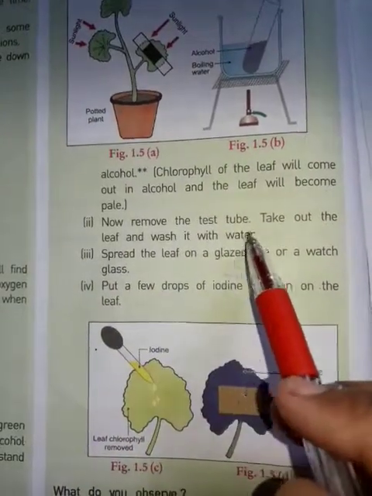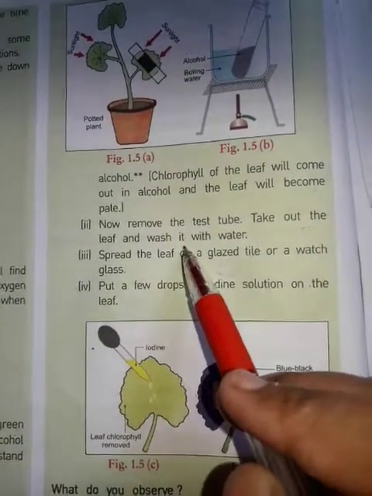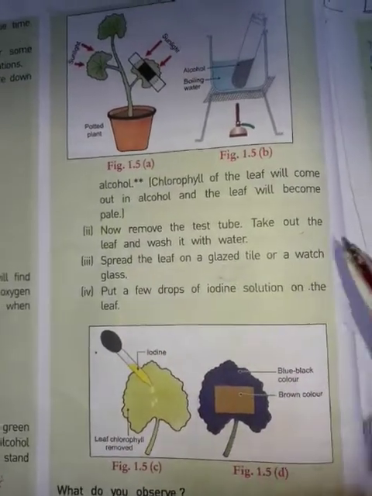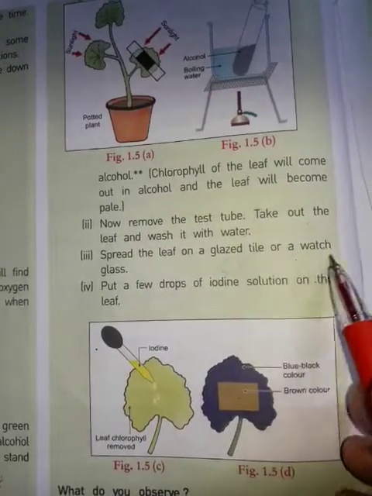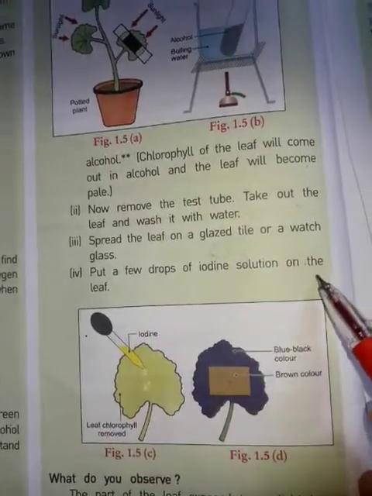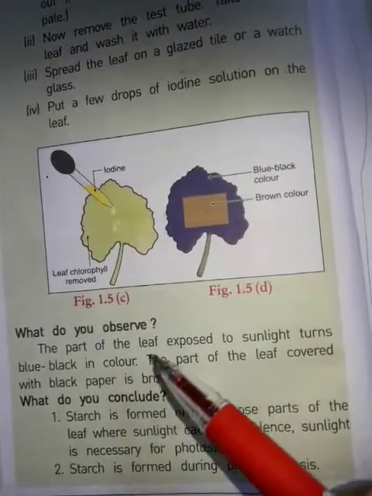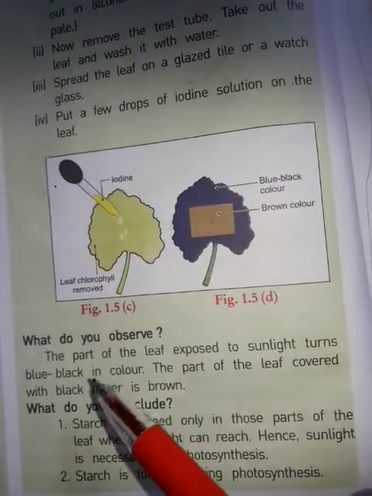Now remove the test tube and take out the leaf and wash it with water. Then spread the leaf on a glass tile or a watch glass. Put a few drops of iodine solution on the leaf. Then what do you observe?